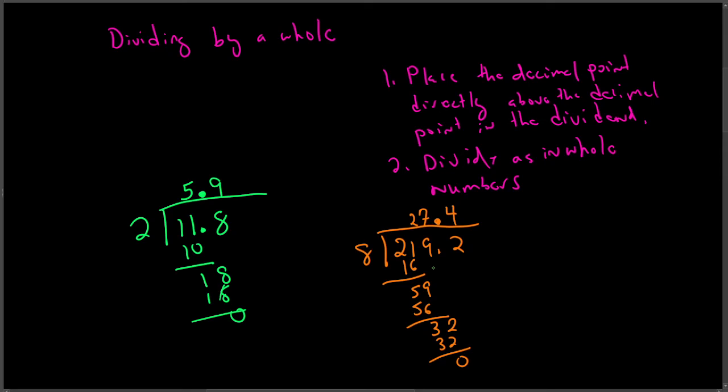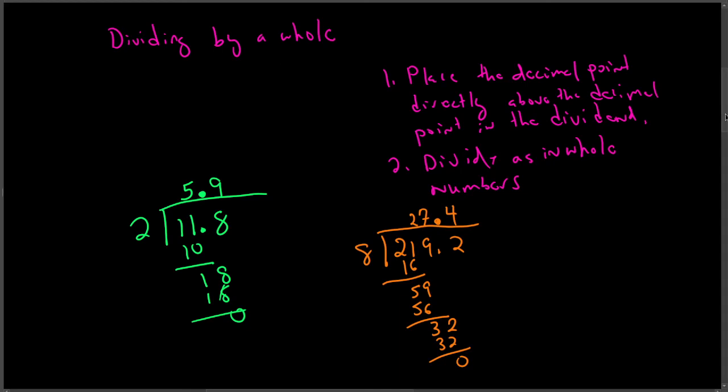Let's do one that has no whole numbers in it. Oops. Let me undo that. Scroll down. So if I take 0.6 and divide it by 4. So bring the decimal point directly over because it's a whole number. 4 goes into 0 times. 4 goes into 6 once. 1 times 4 is 4.